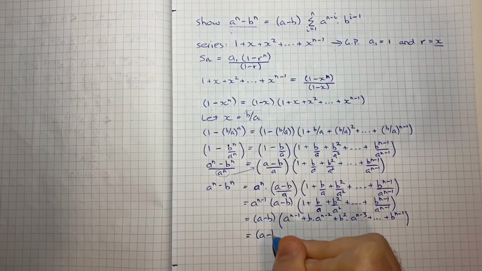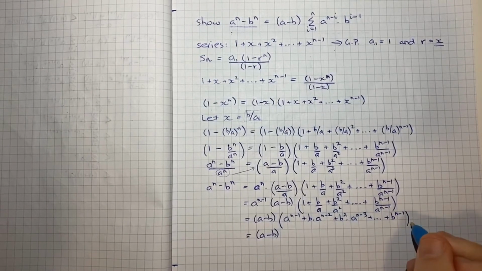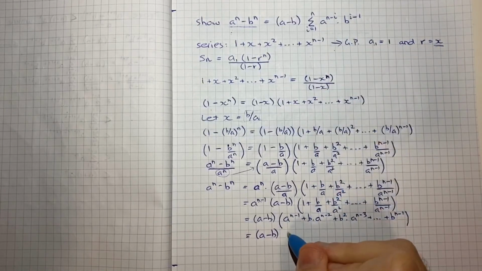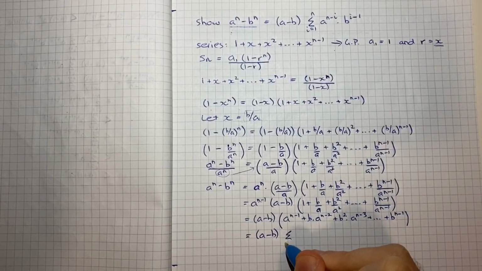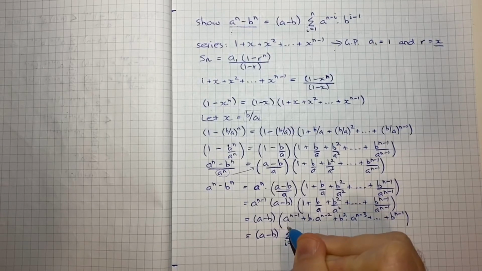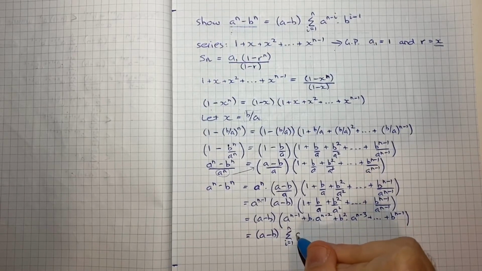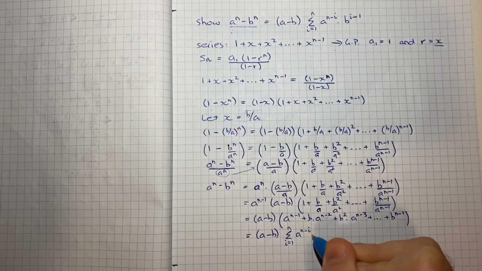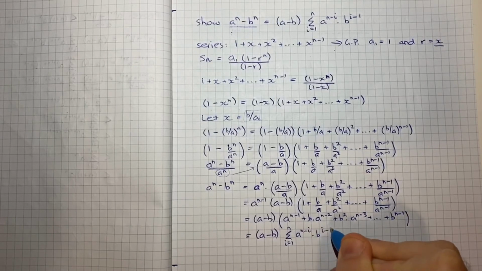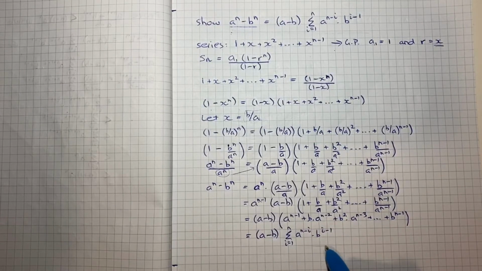We can write (a - b), and then we can actually write this in the notation that we're looking for. If I write a^(n-i) times b^(i-1), we see that that is equivalent to what we had in the brackets here. So for example, when i is equal to 1, we get a^(n-1) times b^(1-1), or b^0, so just a^(n-1).